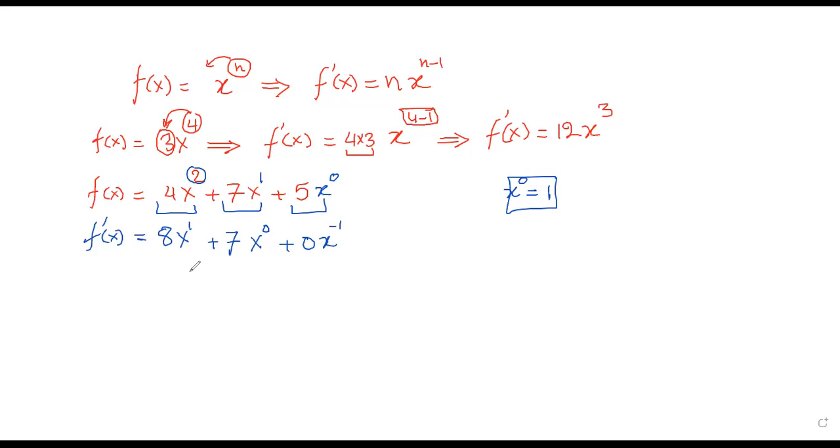To simplify more, that's 8x plus 7 times 1, which is 7, plus 0 times anything is 0, so that's gone. This is the differentiation for f(x) after simplifying. Is that clear? Any questions?